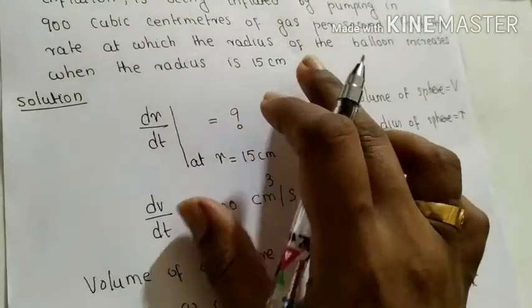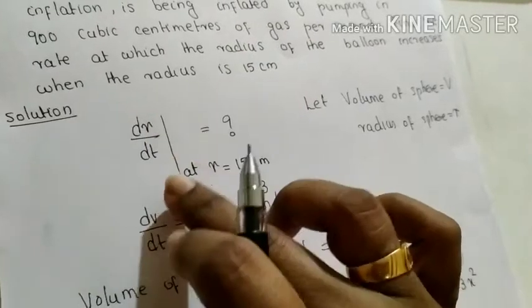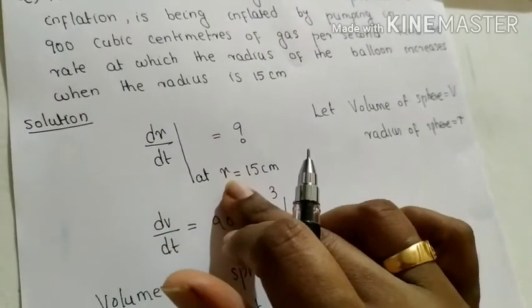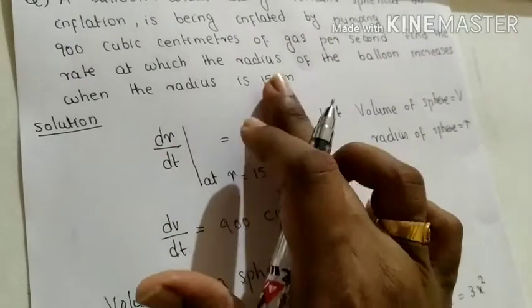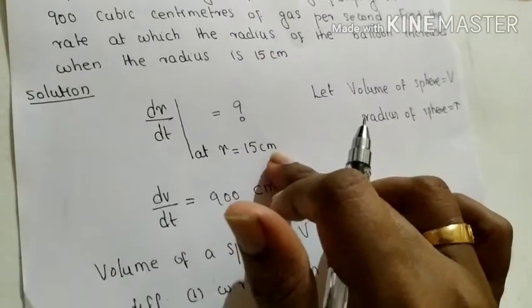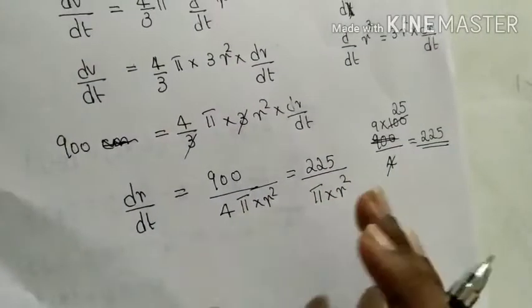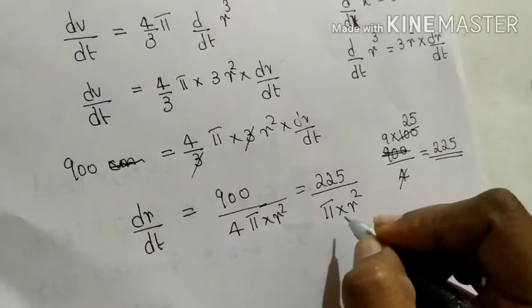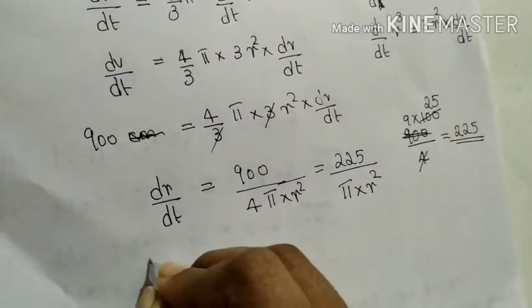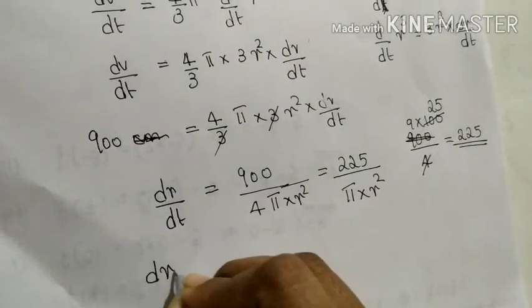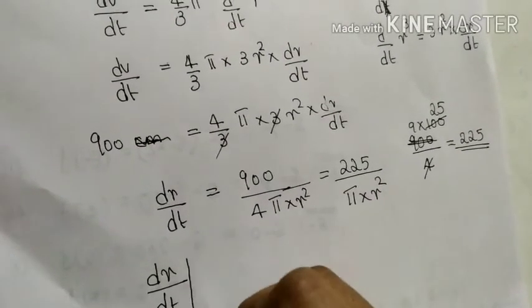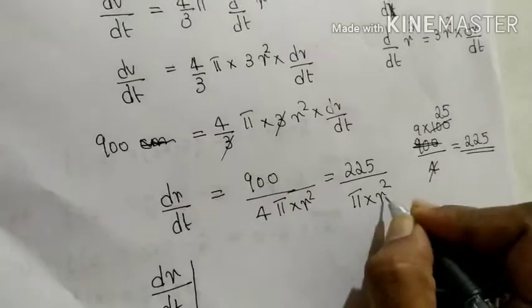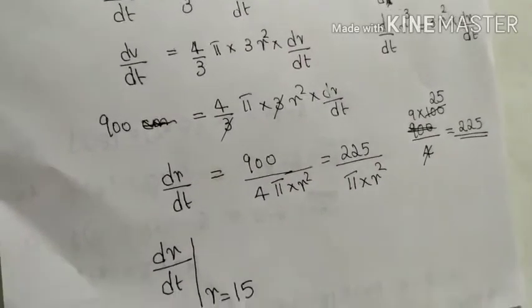Next, in this question we need to find dr by dt at radius equal to 15 centimeter. Here we get dr by dt equal to 225 by pi r square. So now I am going to substitute r by 15.